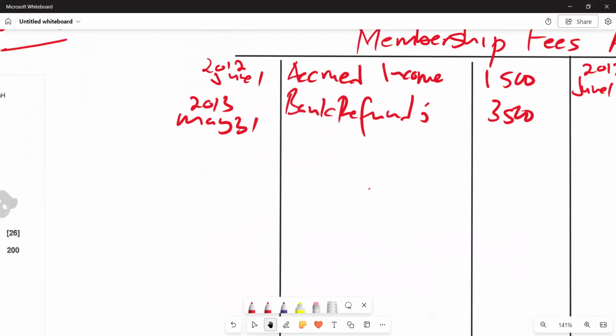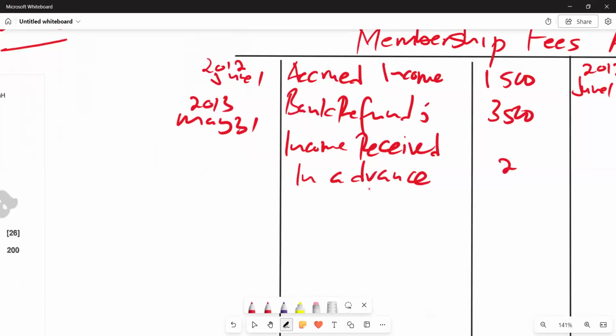So we are just saying membership fees received in advance, income received in advance. And the amount that we're having there is 2,500. Right, so this is what we have.